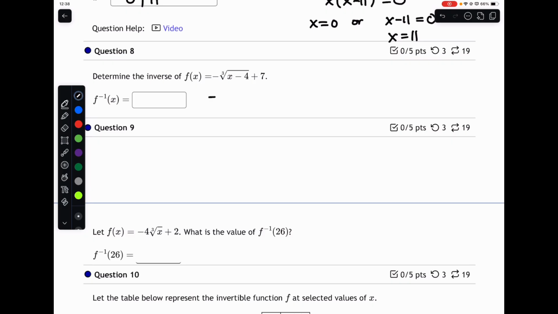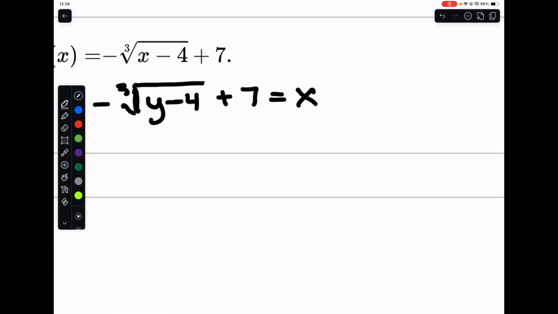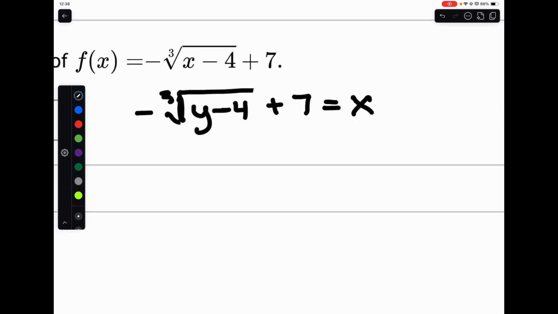Negative cube root of x minus 4 plus 7 equals y. And like I mentioned, we're going to change the x and y values. So let me interchange those. That should be a y, and this should be our x. So let's solve this equation.